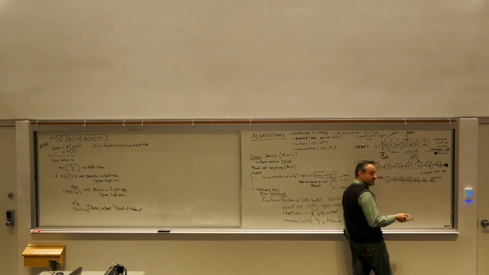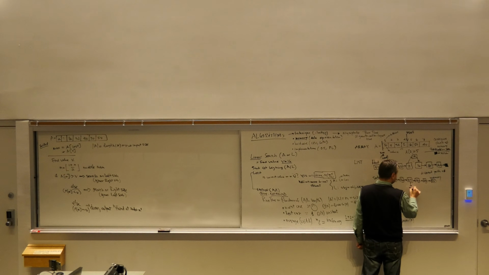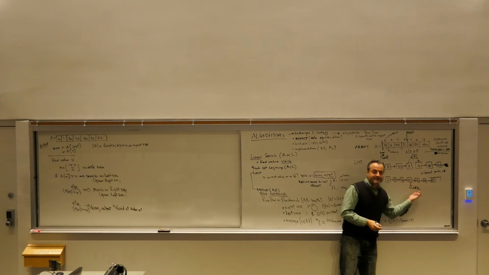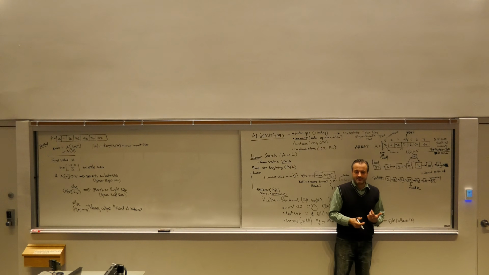There is a clear middle value. This is the middle. But I have no way to access that middle in a list.